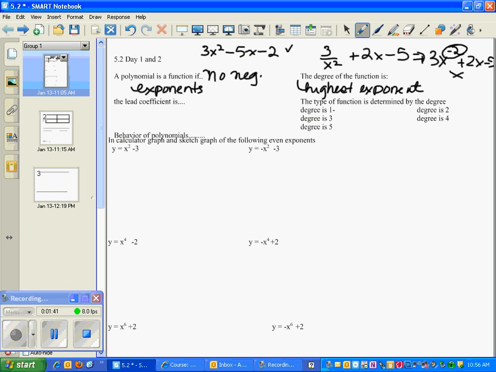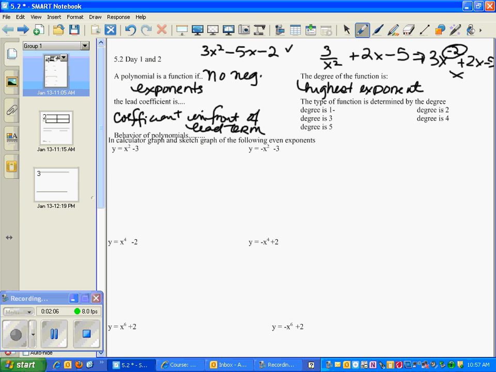The lead coefficient is the coefficient in front of the lead term. So you've got to order these to be able to see this clearly. So for example, on this one, what's the highest exponent? 2.